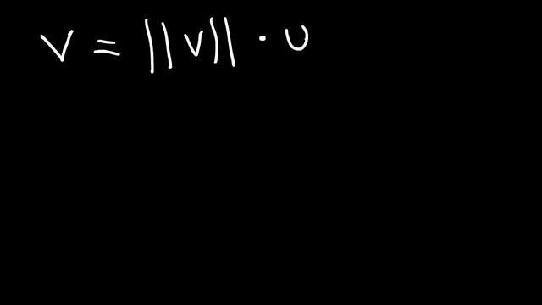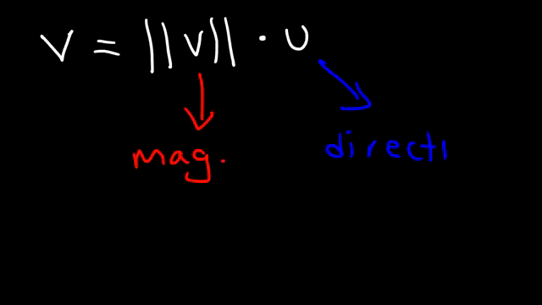So what does this mean? Recall that in the beginning of the video, we said that vectors can be described using two things. A vector has both magnitude and direction. So this represents the magnitude of the vector. Therefore, the unit vector describes the direction of vector v.